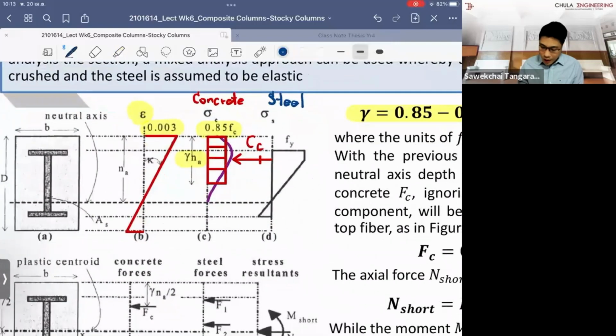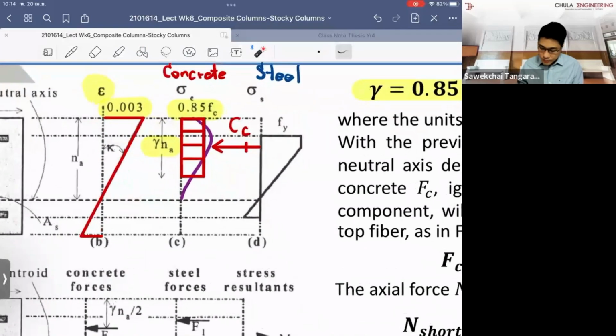So based on this strain diagram again, you have the steel which is encased inside the concrete. You have to find where is the yield stress in the steel, and the level of the yield strain.